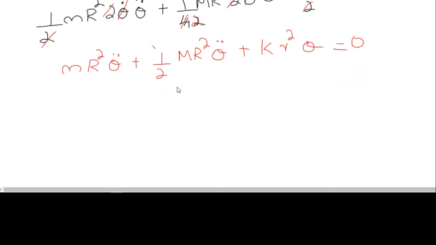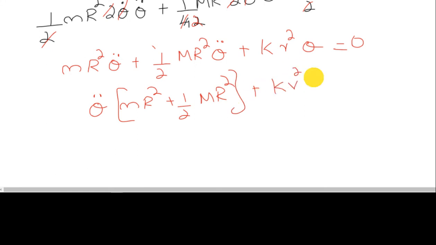And if you take theta double dot as common, theta double dot times m r square plus half M r square, plus k r square theta is equal to 0.